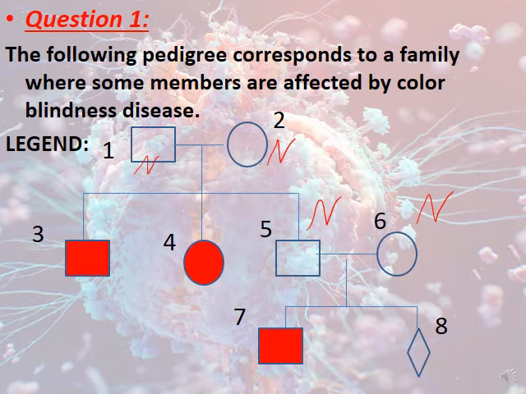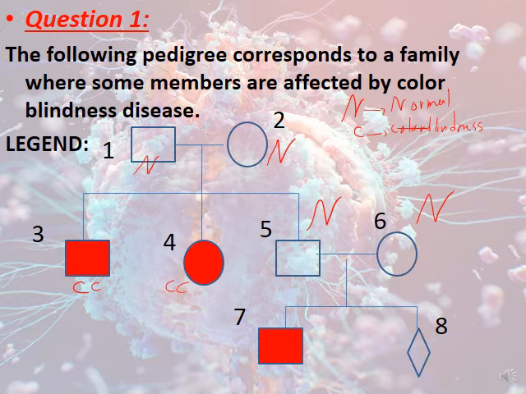Let's give N for the normal and C small for the color blindness. So here N and N. So here 3, 4, they should be homozygous, having genotype C small, C small. And 4 also C small, C small.